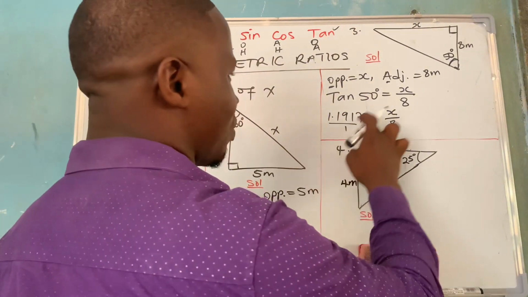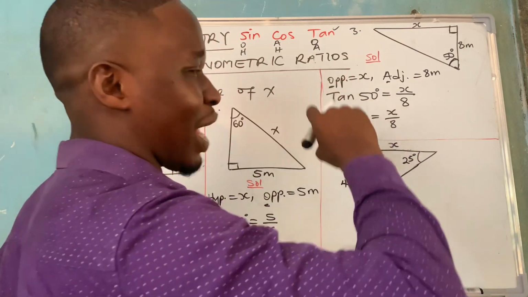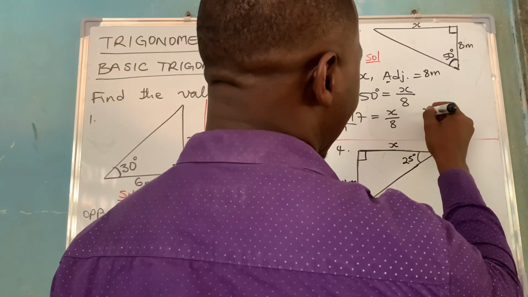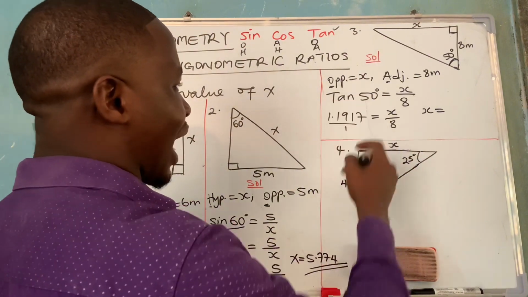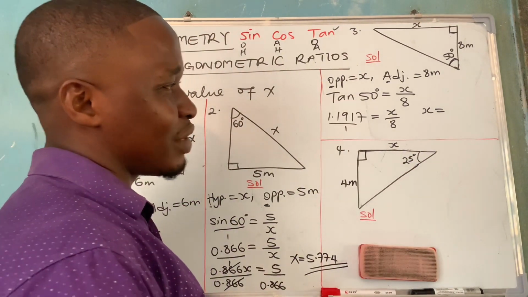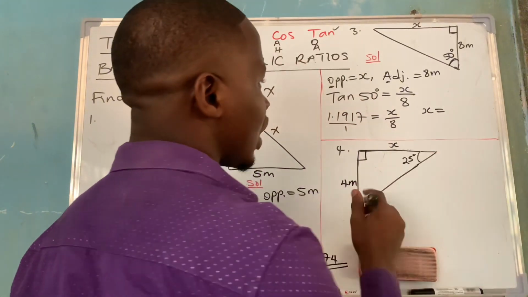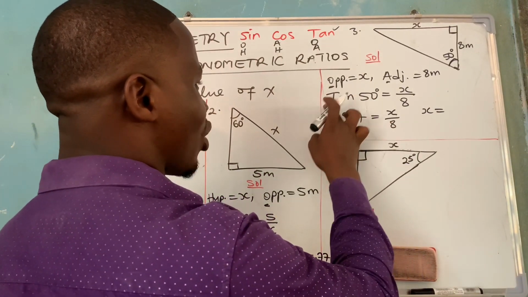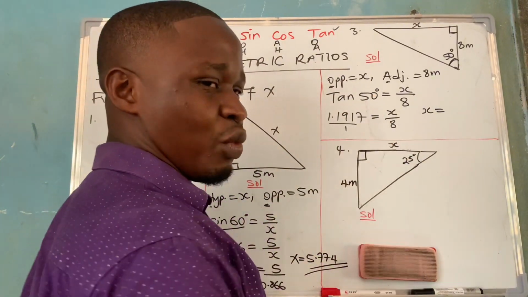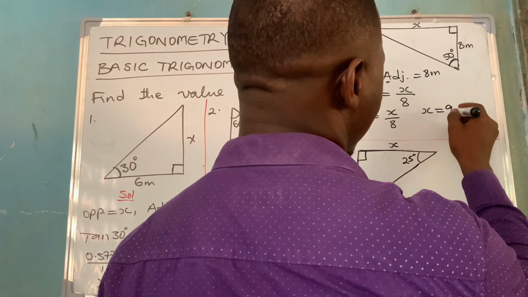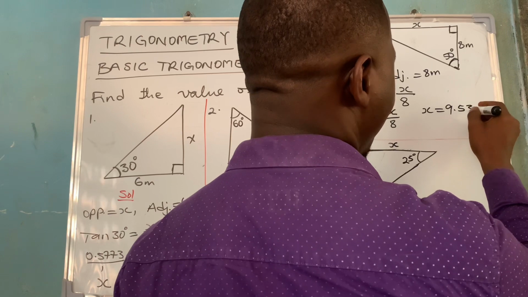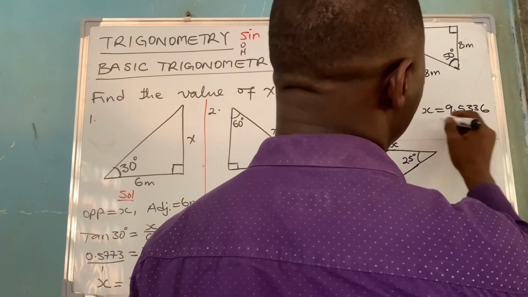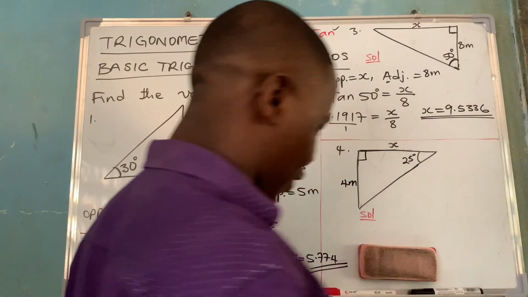So 1 multiplied by x, because we are cross multiplying, is x. Then 8 multiplied by 1.1917. What do we get? 9.5336. So this is the value of x.